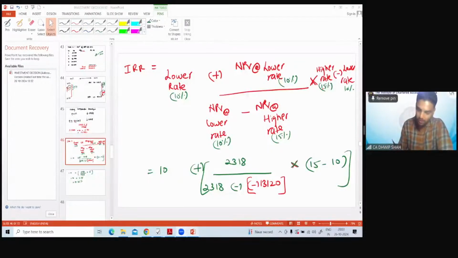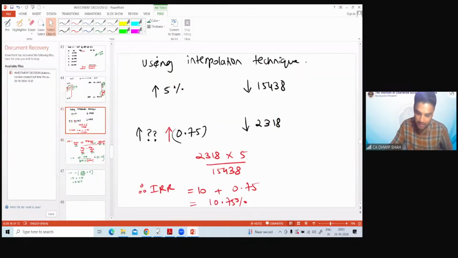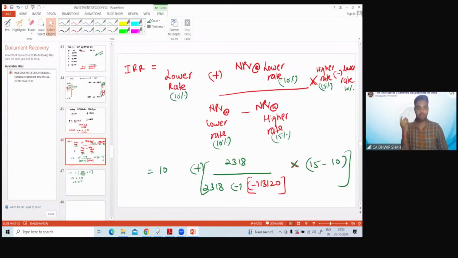So the formula of IRR, now onwards, just to make our calculation easy, we will just remember this formula and solve IRR. If you want to solve it by interpolation, then also it is correct. But if you want to solve it by formula, then also it is correct. Both will give the same answer.